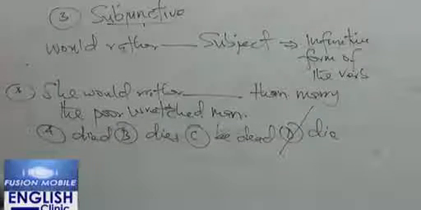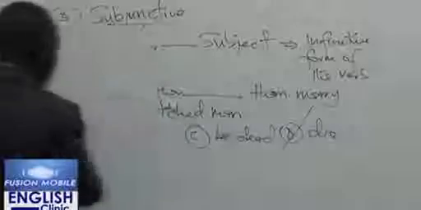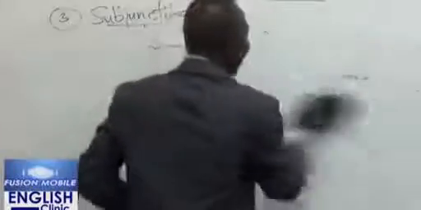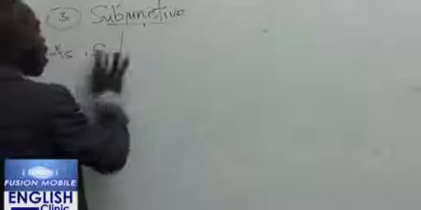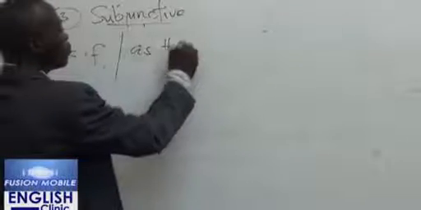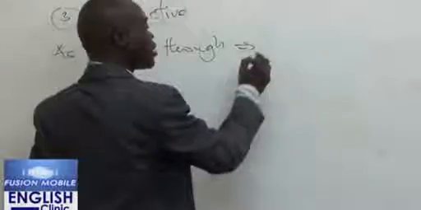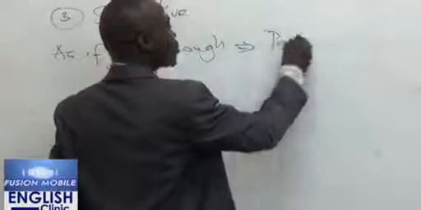Now, another function of the subjunctive mood, which is number 4, under the past subjunctive, is when we have the expression as if or as though. Whenever we have the expression as if or as though, it must be followed by the past subjunctive.